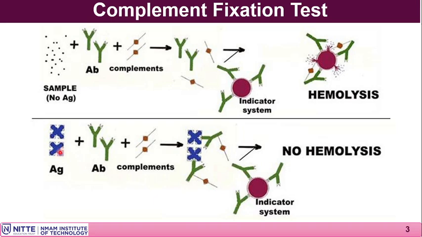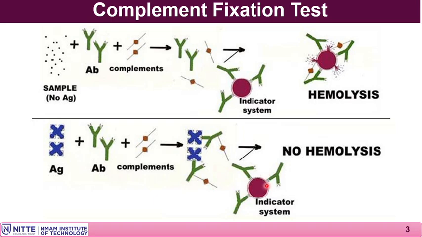Since the antigen was already there in the test serum sample, the antibody added to it got engaged and bound to the antigens. It formed an antigen-antibody complex. To that you have added the complement which readily recognizes that antigen-antibody complex and binds to its Fc arm. And the complement is not available now freely in the mixture.